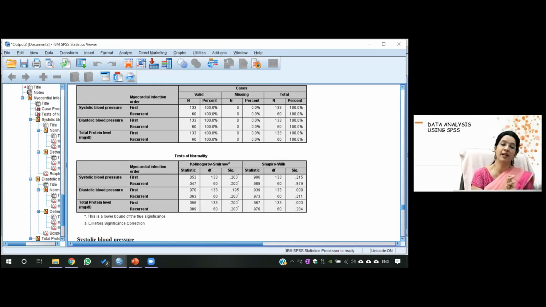Normally, everywhere we wish that the p-value should be less than 0.05. We always struggle to get this p-value less than 0.05. But here, we don't want it to be less than 0.05, because if it is more than 0.05, then it shows that the data is normally distributed or the variance is equal.